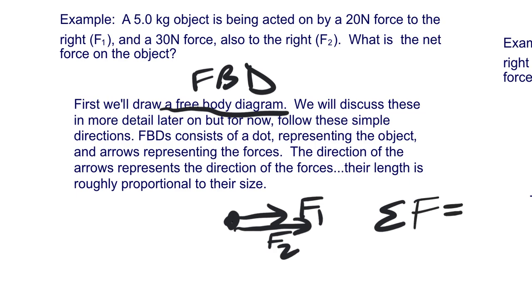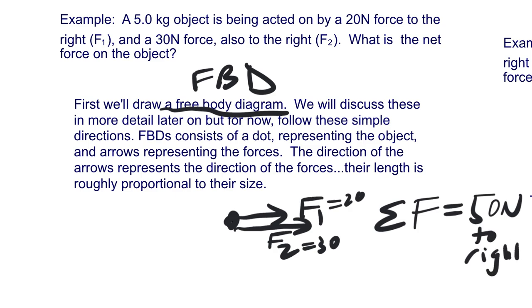This is 20 newtons, this is 30. Notice how I made the 30 a little bit longer. You should do that when drawing free body diagrams. Because they're going the same direction, you just add them. Then you say to the right, because you have to specify the direction.